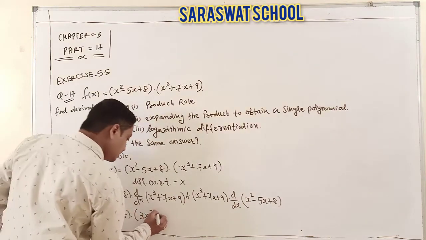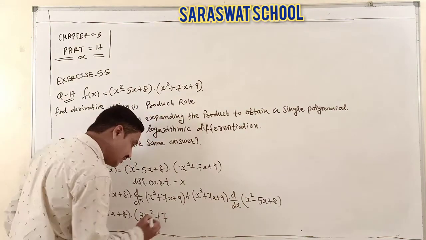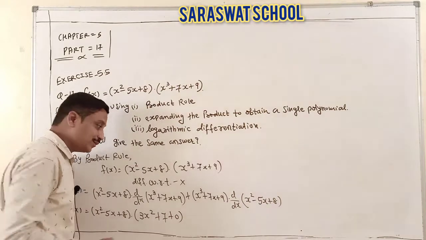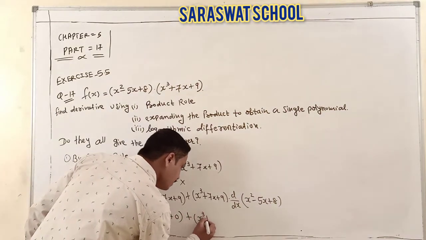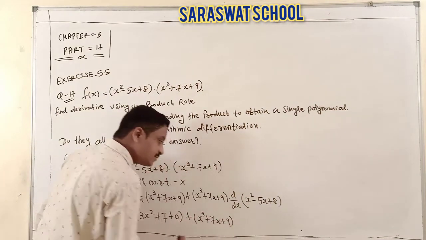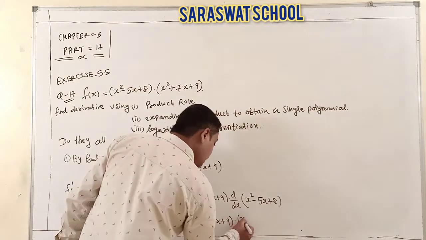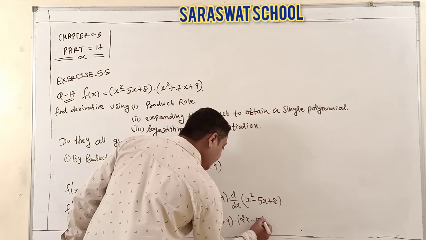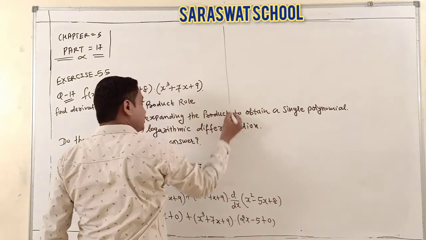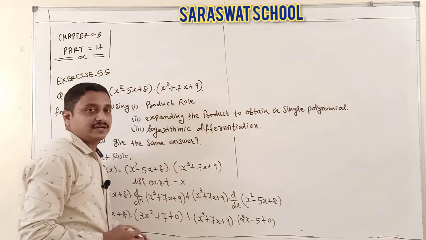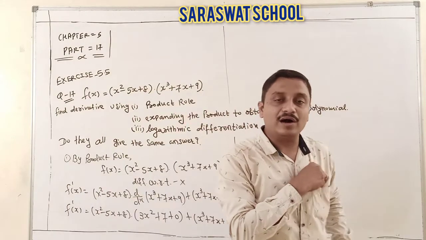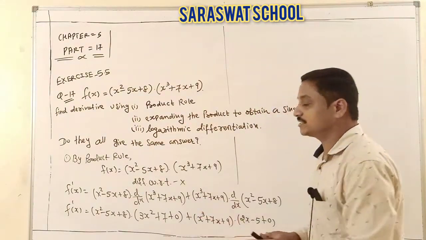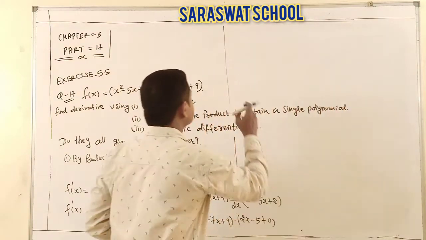Next, 7x derivative is 1 and plus 9 is 0. The same is x cube plus 7x plus 9. Here, students, x square derivative is 2x minus 5, and 8 derivative is finally how many? It is 0. Now I just multiply both functions one by one.